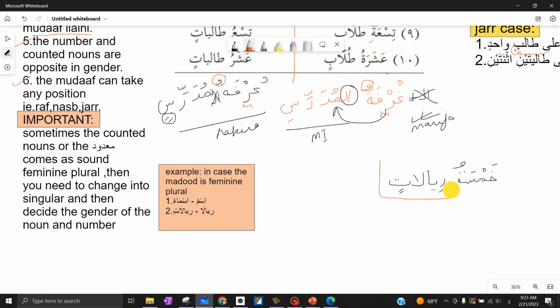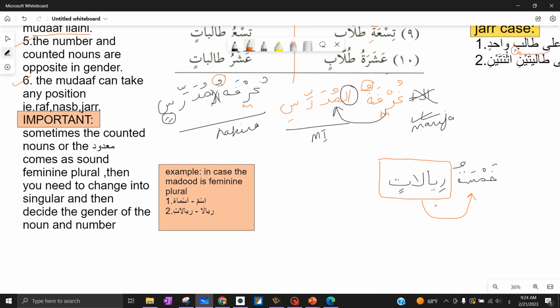One may see riyalat with alif and ta and know that this is feminine, so I should put a male number here. According to this counted noun, if it is feminine, then I should put a male number. Then why isn't it khamsu here? Why is it khamsatu here?